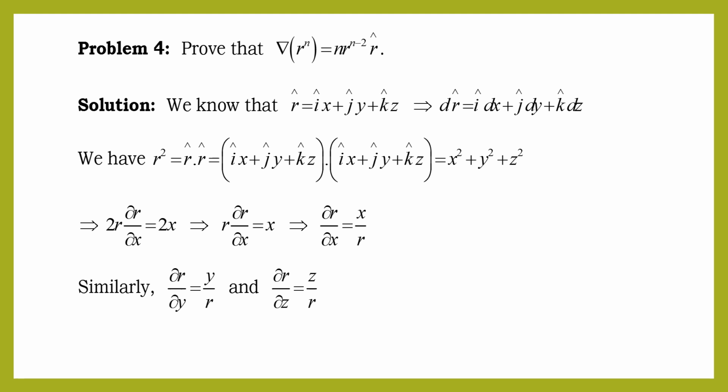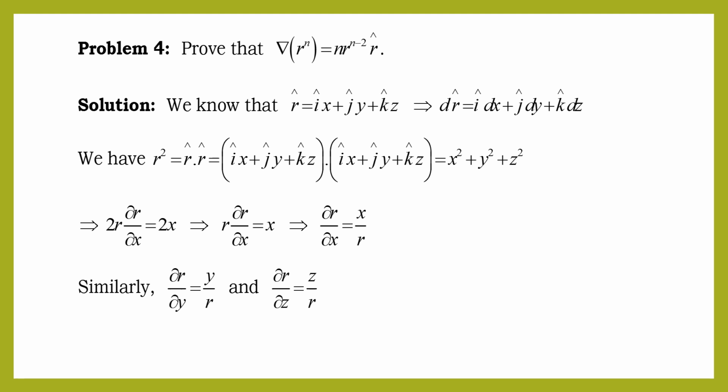So, r² becomes (i cap x + j cap y + k cap z) dotted with (i cap x + j cap y + k cap z), which equals x² + y² + z². So r² equals x² + y² + z². Here we can observe one point. r² is a scalar. Similarly, r^n is also a scalar. It's a scalar point function.